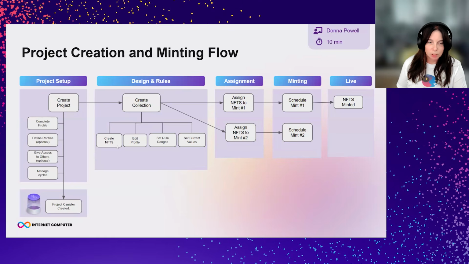Once you create a collection, you then create your NFTs, and you set rule ranges. I'll show this in more detail when I get to the demo. And then you set the current values. Once you're happy with your NFTs, then you assign them to a mint, you schedule the mint, and then the NFTs go live.